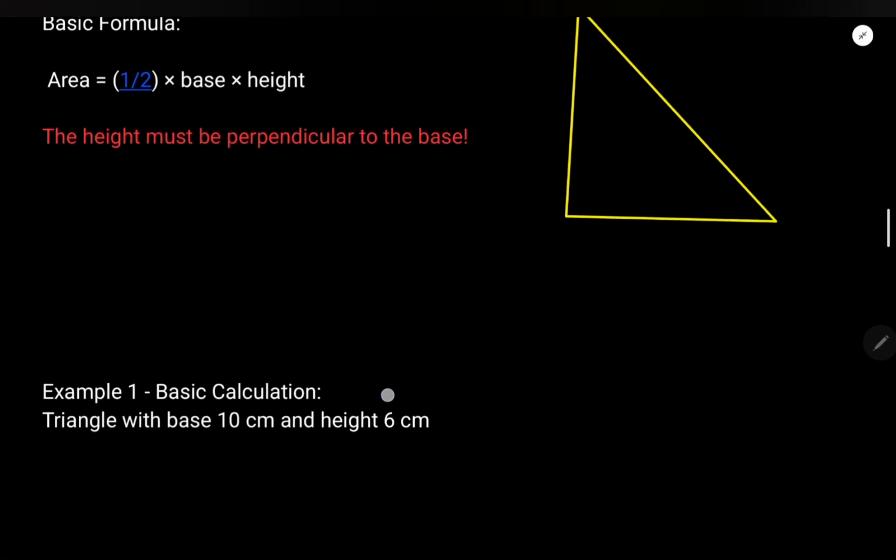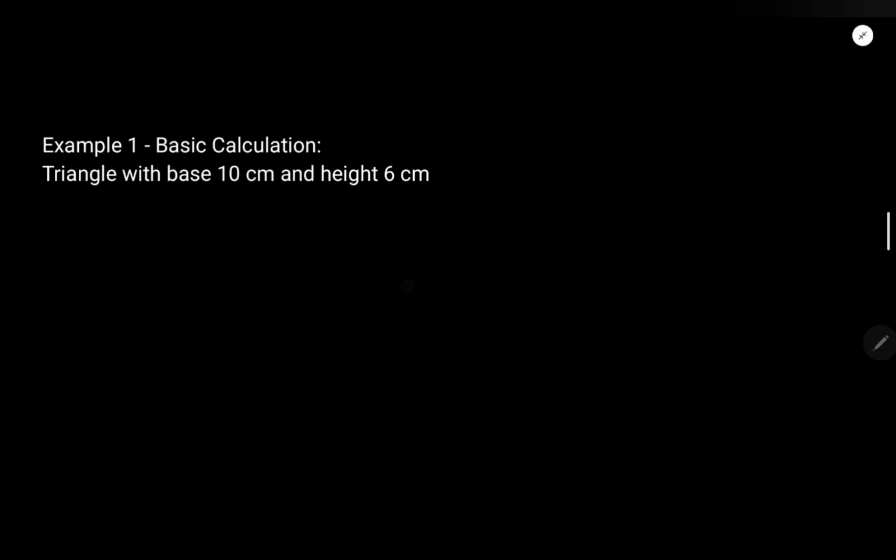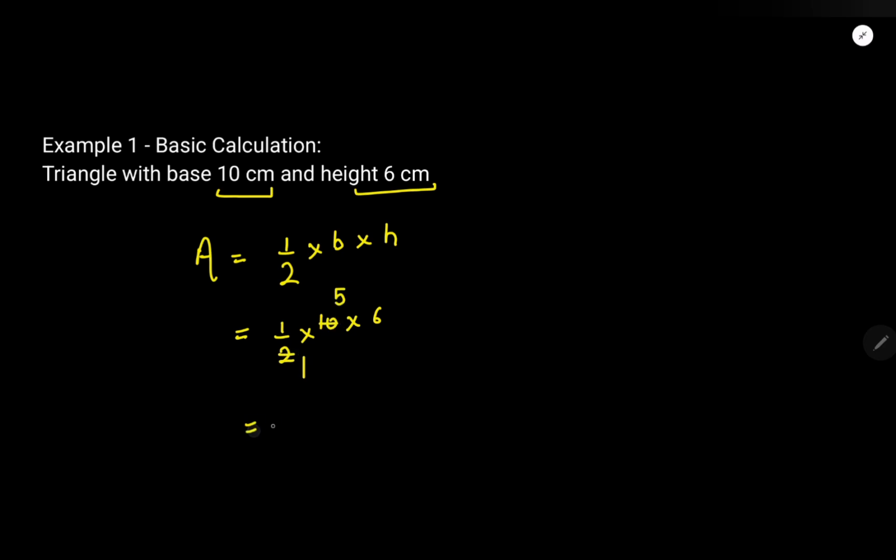How? Like in example number 1, they are saying a triangle with a base 10 centimeter and height 6 centimeter. So what is the area then? Area is half times base times height, right? So it will be half times 10 times 6. So you will cancel out, 2 fives are 10, and the area is 30.